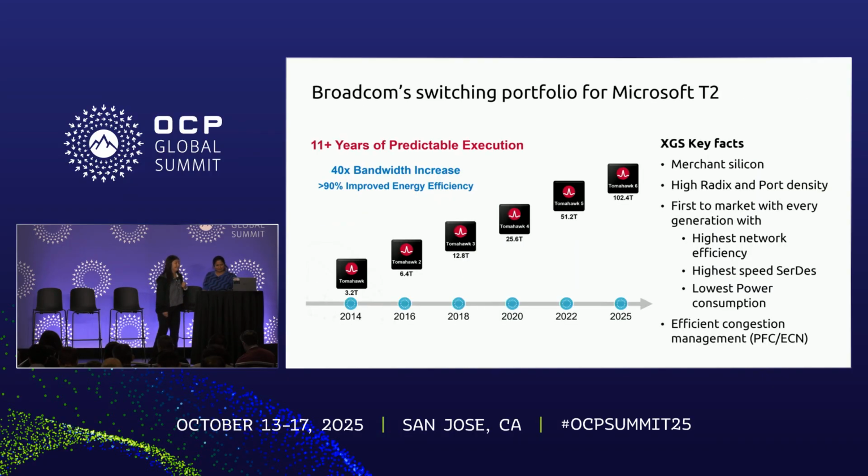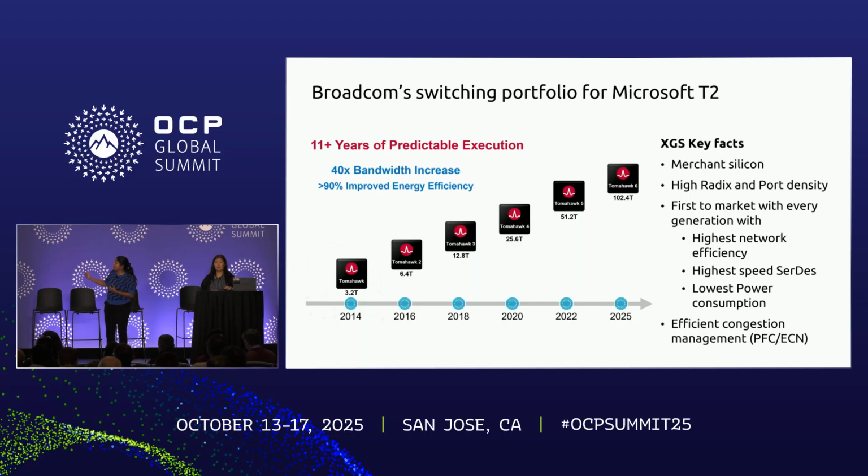Thank you, Rita. So as Rita mentioned, the growth of capacity is one consistent thing that we keep seeing. And as we see in the slide, Broadcom has had 11 plus years of predictable execution. We started with the Tomahawk line and grew to Tomahawk 2, Tomahawk 3, and now on to Tomahawk 6, which is sampling since June. This is the 102 terabit part, for very future-proofed needs for the Azure data center.